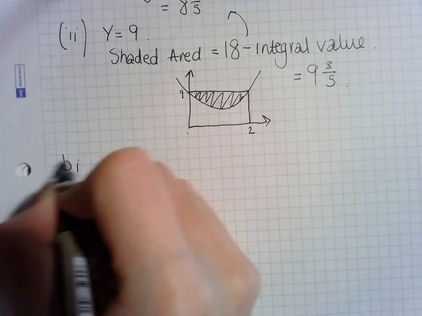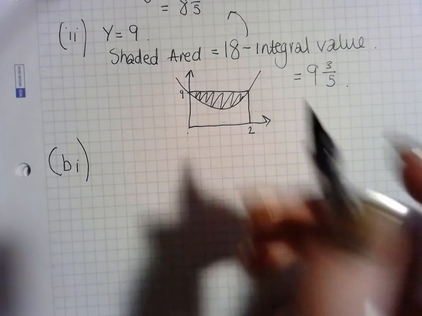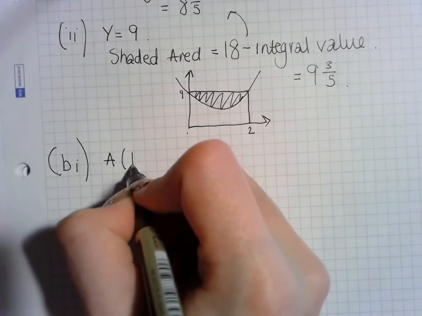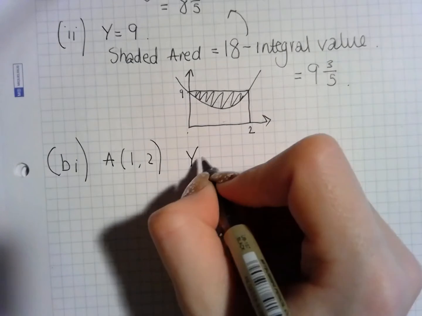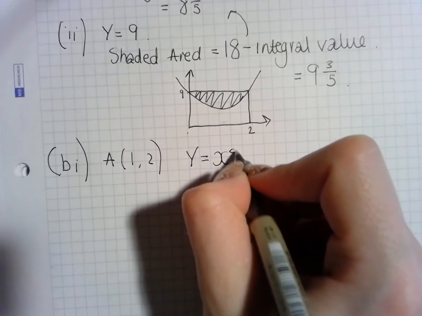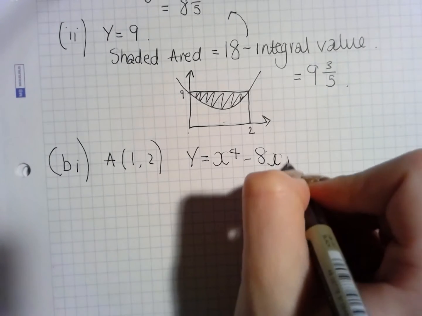Okay, so now we move on to part B (i). B gives you that the point A lies on the curve with the equation y equals x to the 4 minus 8x plus 9.